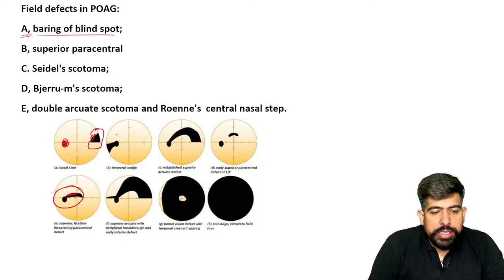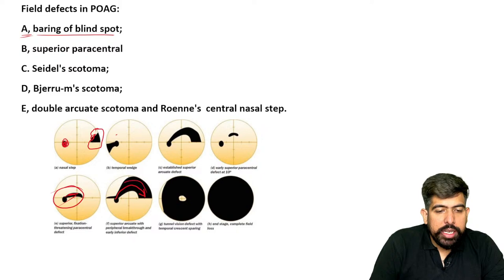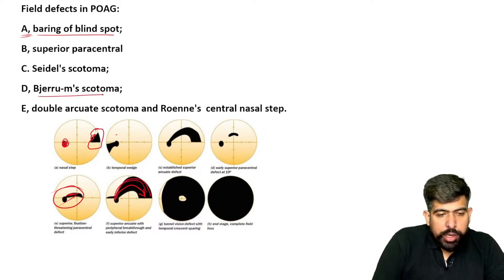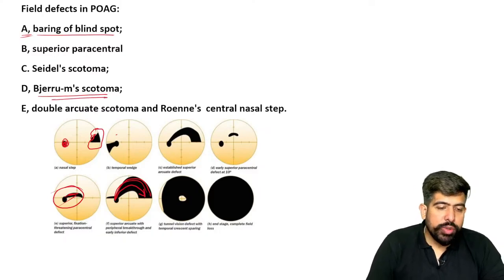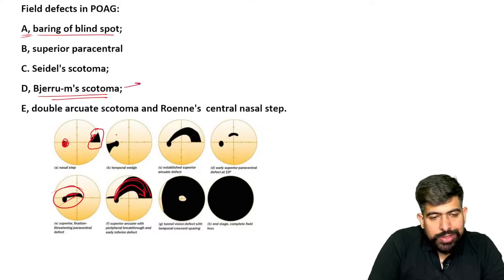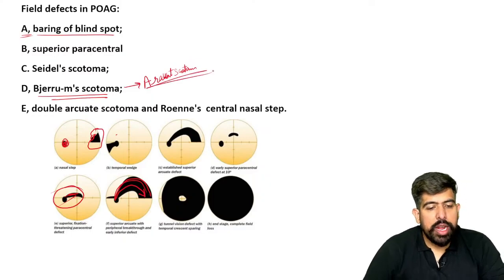Now if the nasal step and the superior paracentral scotoma both join together like this, it is known as Bjerrum's scotoma. Also, it is known as arcuate scotoma.